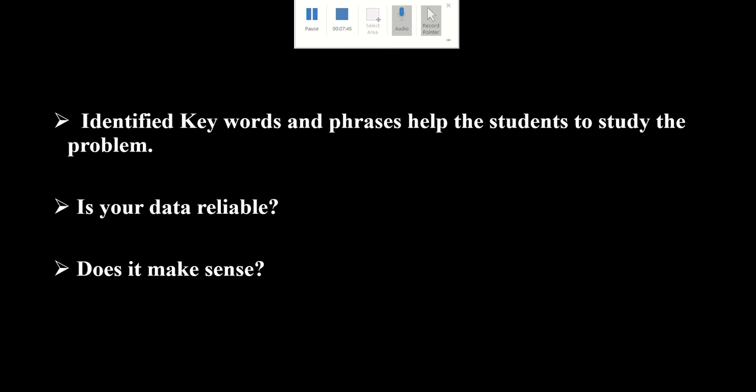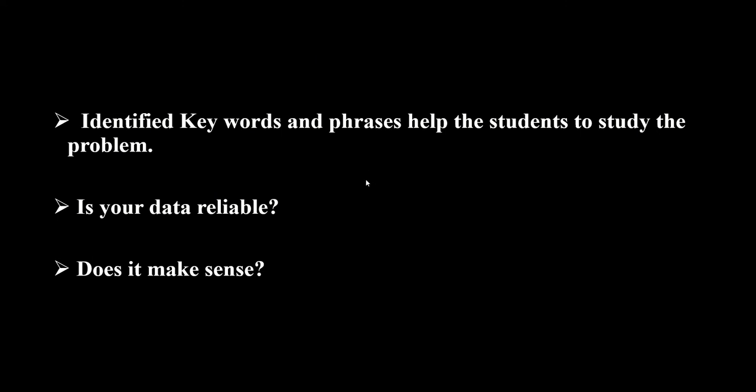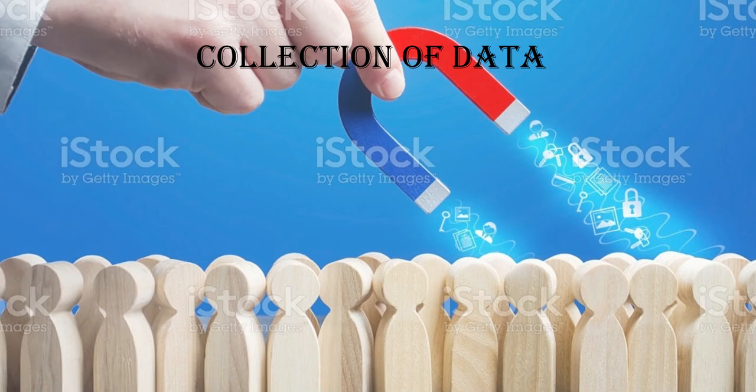Etc. Here in this example, we can say that the boiling point of water is obviously the keyword for the problem. Keywords actually act as hints. Through these keywords, we can collect a lot of information. So the next step is collection of data.